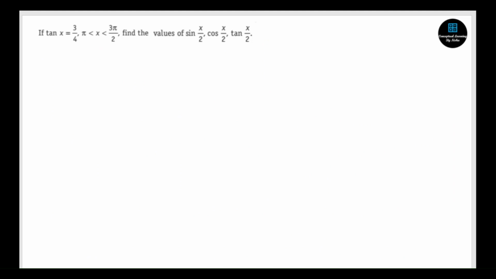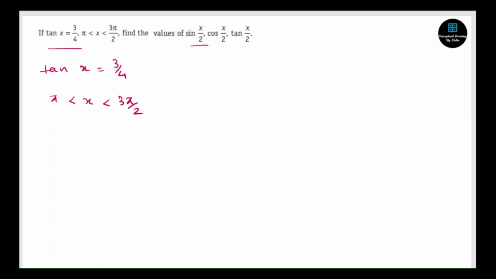Now here in this question, this is very important. Understand this. First of all, see, tan x is given, and they have given that pi less than x less than 3 pi by 2. Now we have to find sin x by 2, cos x by 2 and tan x by 2 values. For that we have to decide where the x by 2 angle is lying, in which quadrant.